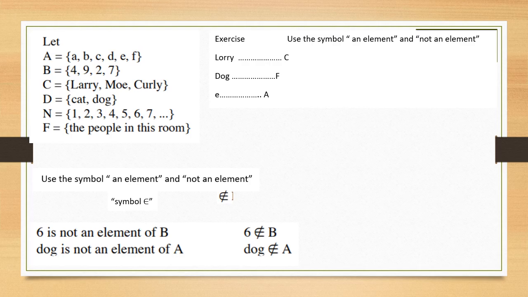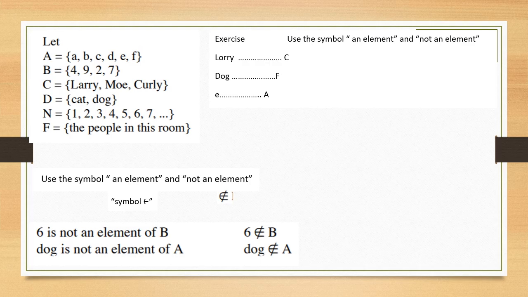There's a small exercise over here. You can use the symbol to say whether it's an element or not an element. So you're going to check with the set C. You have to see whether the word lorry is there inside the set C. It's not. So you also have to check with the set F. The set F says the people in this room.